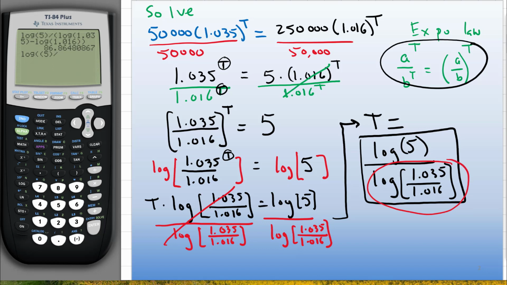So when I come in here and type in log, I just need to type in one log. But inside of the log is a division: 1.035 divided by 1.016. Now this closes the division. Okay, so I started the log and I have a division inside.